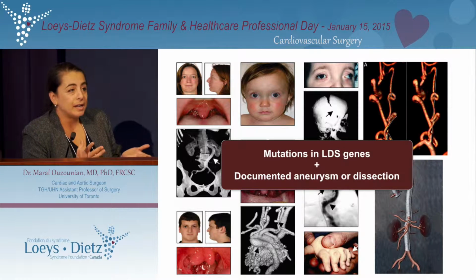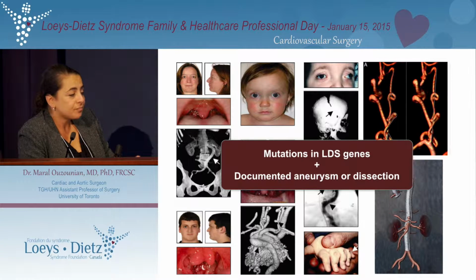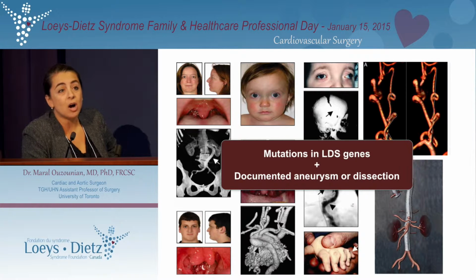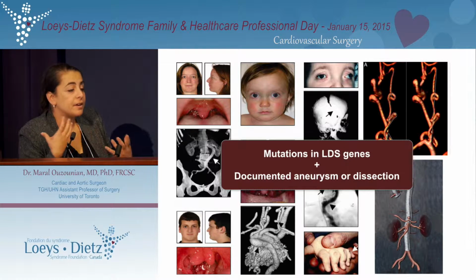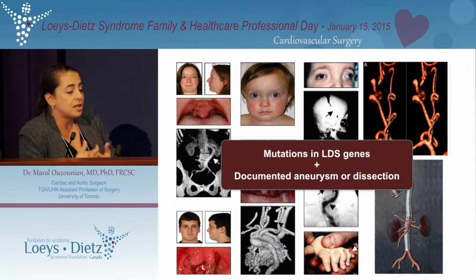So we heard in a brilliant lecture this morning by Dr. Dietz his description of this. We've learned a lot about LDS in the last 10 years, and patients with LDS can really vary in how severe their phenotypic presentation is.